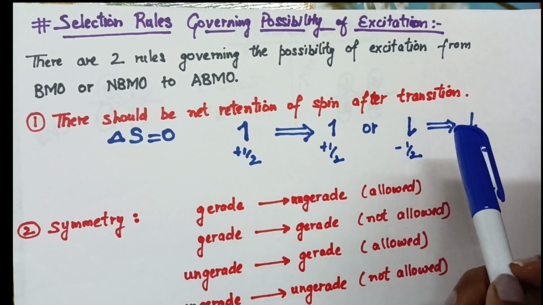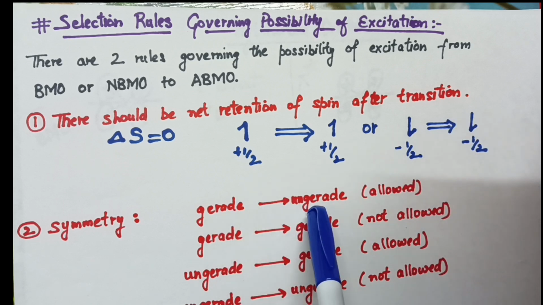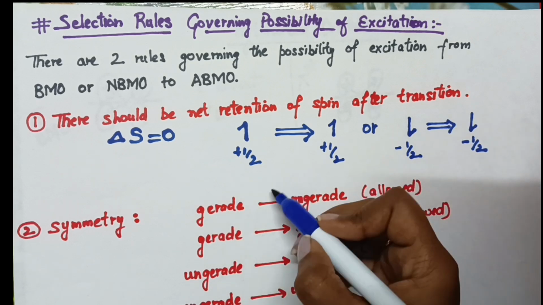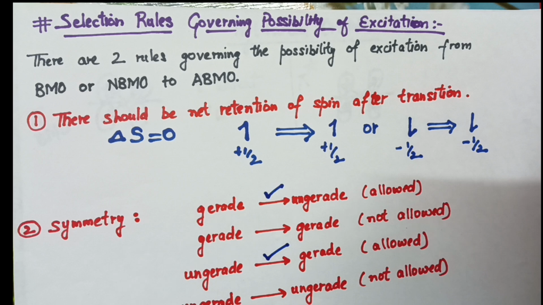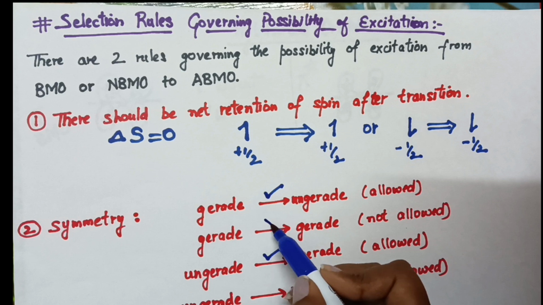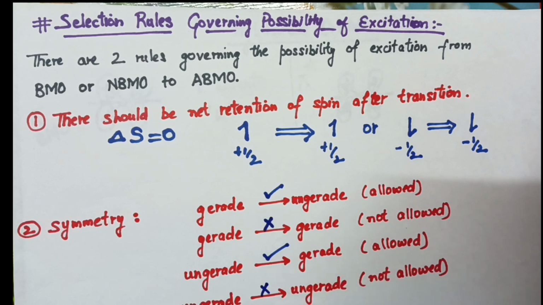If transition is taking place from gerade to ungerade, then that is allowed, right? And from ungerade to gerade, that will also be allowed. But if before and after transition symmetry is same, that is from gerade to gerade transition is happening and from ungerade to ungerade transition is happening, then in that case transitions will be forbidden, right? So these are the two rules.